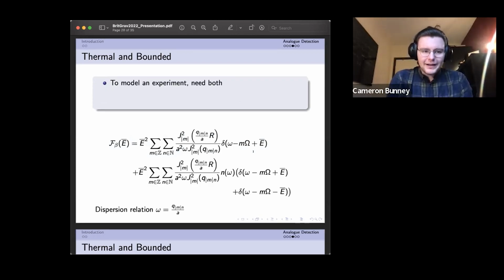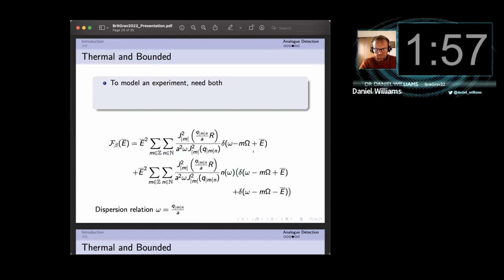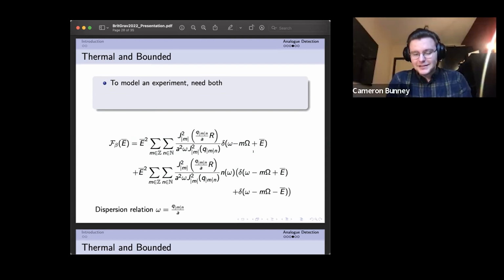Now, if we would combine thermal and bounded regimes, it looks closer to our bounded system rather than our thermal system. This is because the boundary that we place affects our field modes at a base level, because we had to impose boundary conditions, as opposed to the thermal, which comes in later in the calculation.